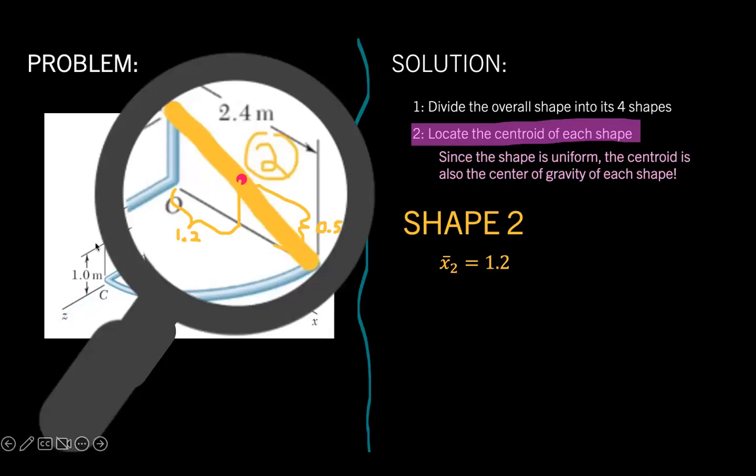And why that is so is because we note over here that it is 1 meter, but we simply divide that by 2 to have 0.5. So this whole length is equal to 1.0 meters. Again, the length of the diagonal is equal to, using the Pythagoras theorem, L2 equals the square root of 2.4 squared plus 1 squared. Again, we get those lengths from observing the diagram. 2.4 and 1.